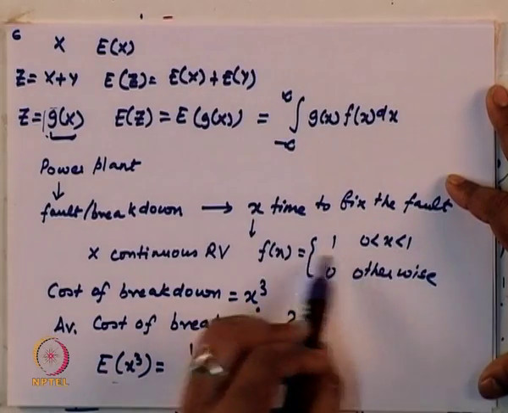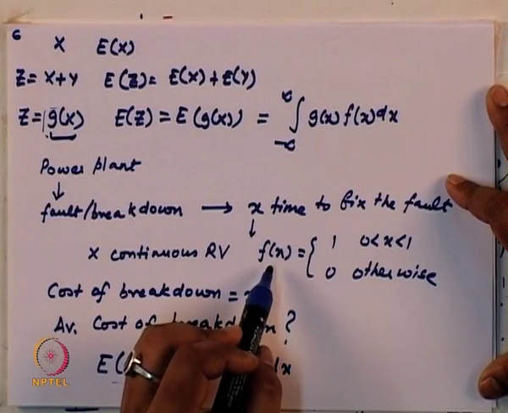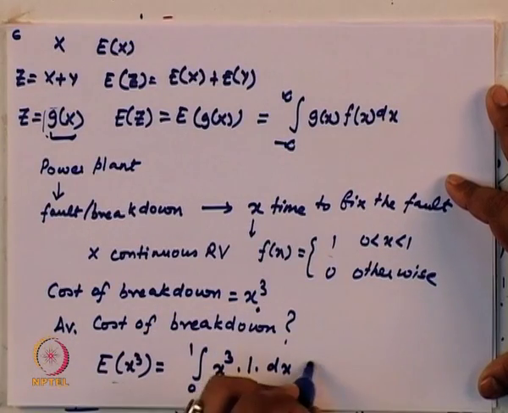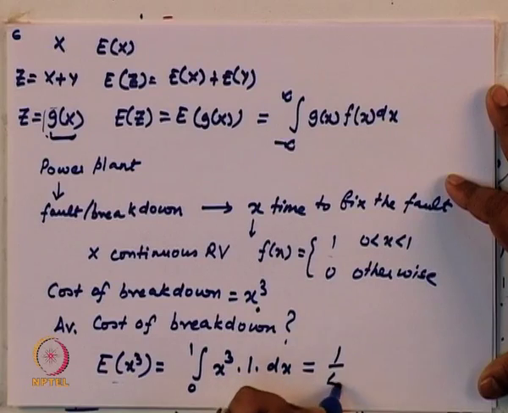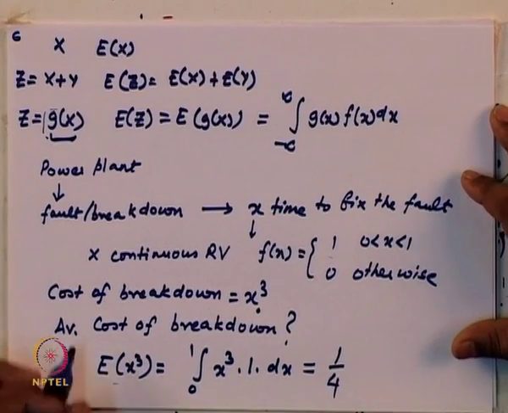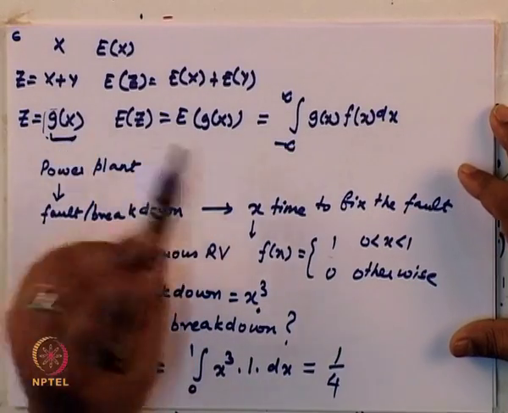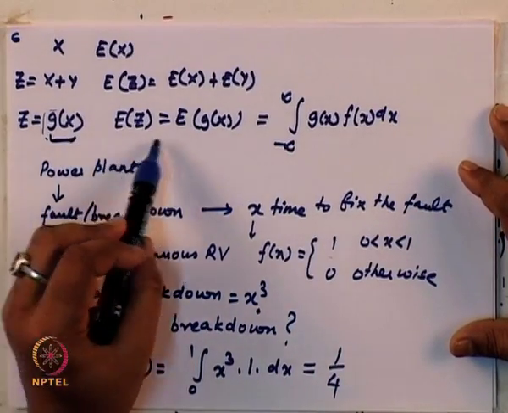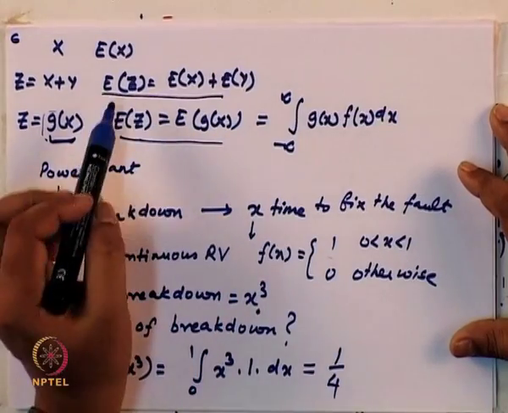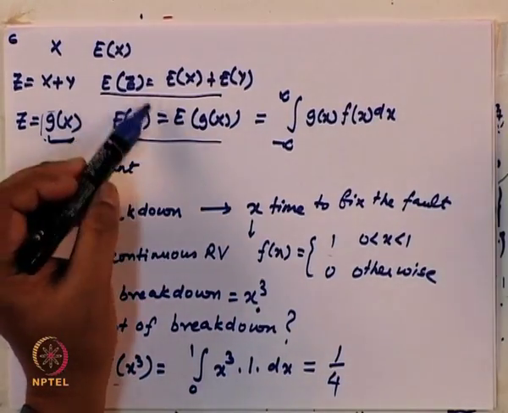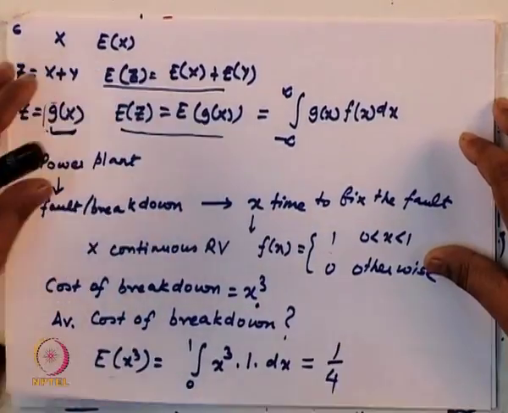Because this is the only place where your probability density function has some value. So, this is nothing but 1/4. This is how you can define new functions, and if the underlying probability distribution is the same, you can find out the expectation of this new function, which is derived from other random variables.